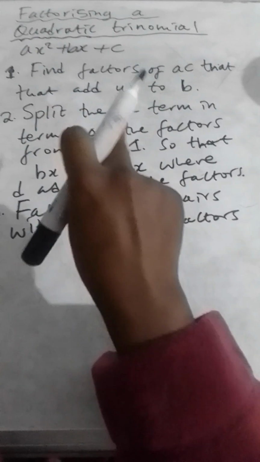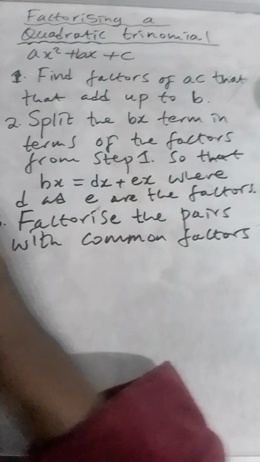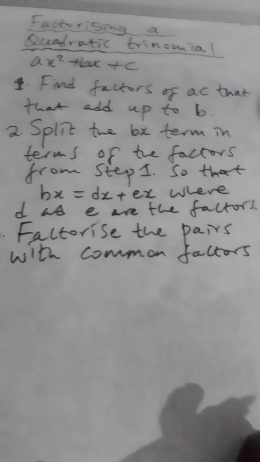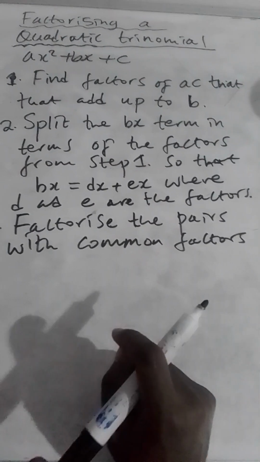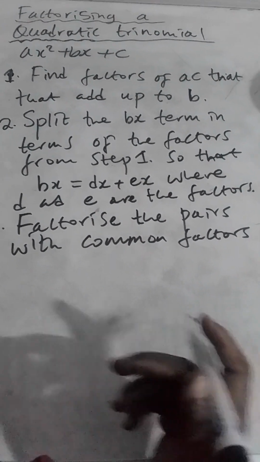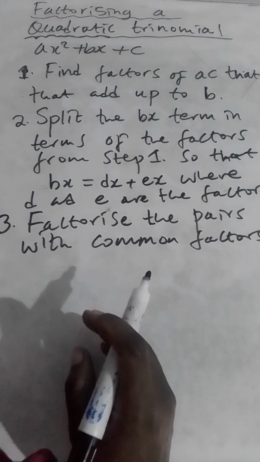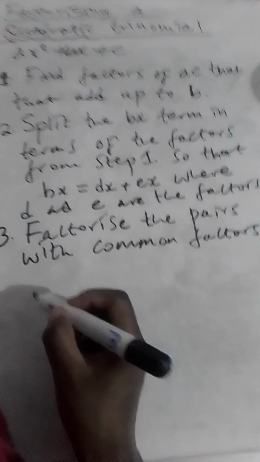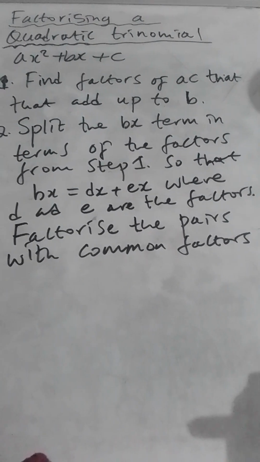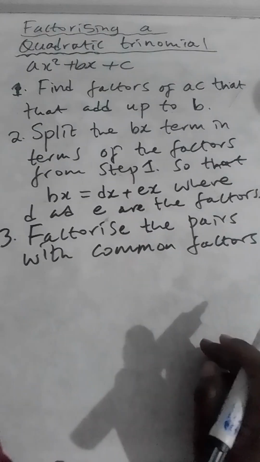The terms that are coming from the two factors you found from step 1 should be separated and paired with the other two terms, ax squared and c. So you can't pair the two terms that come from the factors together and the other two terms that were originally there together. You can't. One factor term goes with one of the original terms. So once you have found one pair that has common factors, then the other two must go together, whether they like it or not, even if it means their common factor is 1.